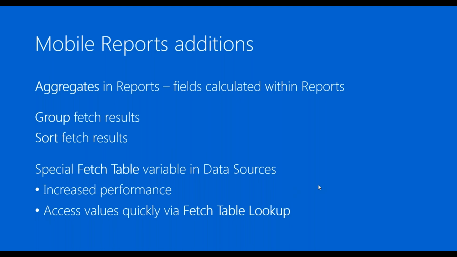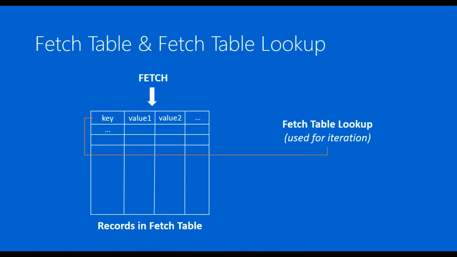To make it even more streamlined and to make more functionality available, we have a new variable in the data sources called fetch table. This is a quite technical thing. I will try to explain it in a sec. It's meant to increase the performance, and you can use fetch table lookup, an additional variable, to access the values. I've tried to display this on a slide, on a simple diagram.